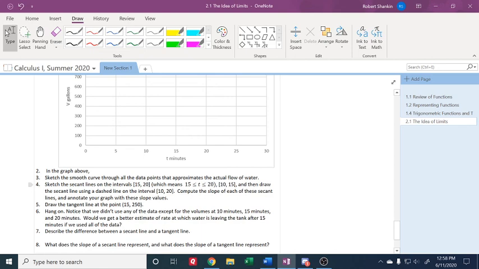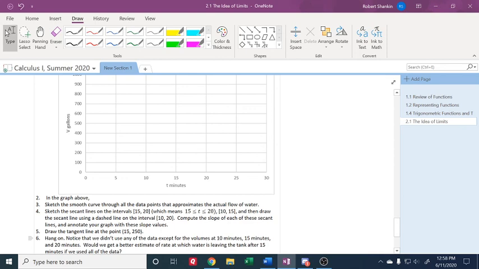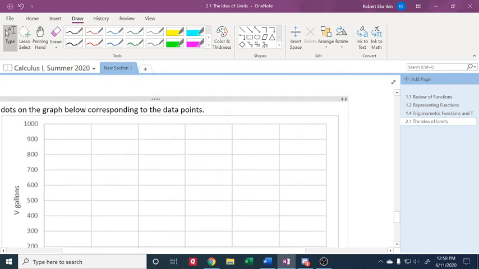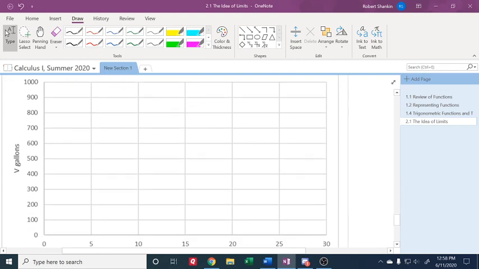And then compute the slope of each of these secant lines and annotate them, etc. All right, so that's where we're at right now. How you're going to do that on your own computers is totally up to you, whether you're going to print something out and write on that. I'll work on it here, and so let's all put this data in together now.